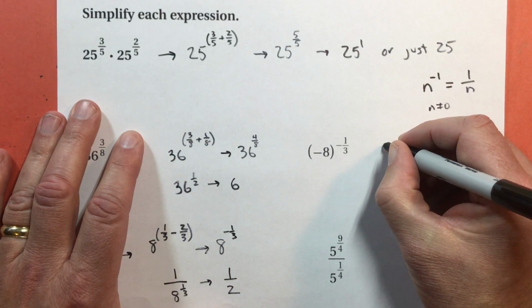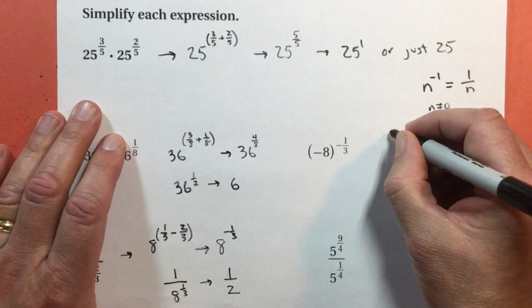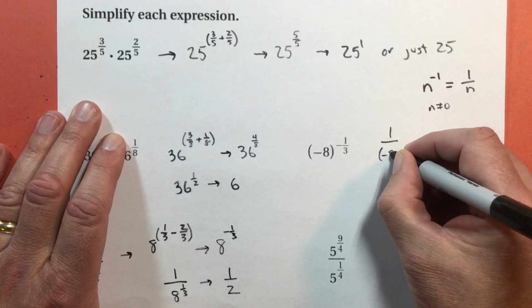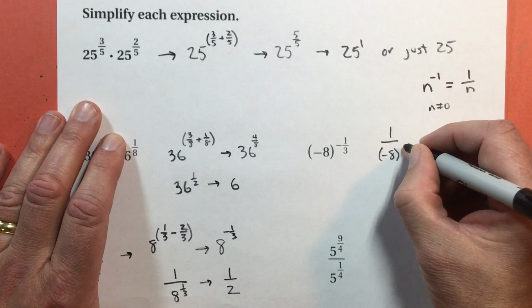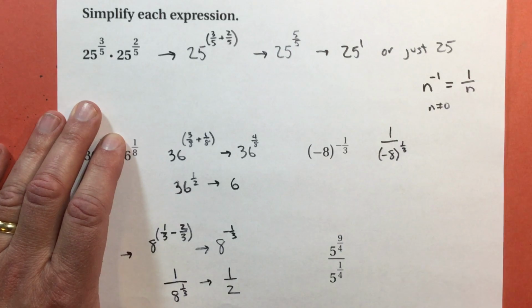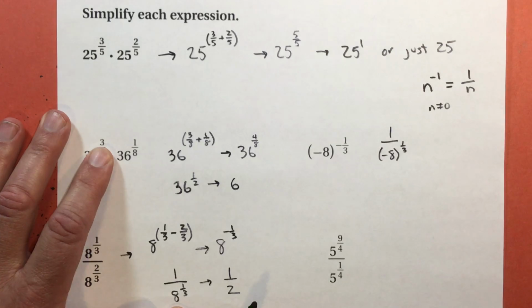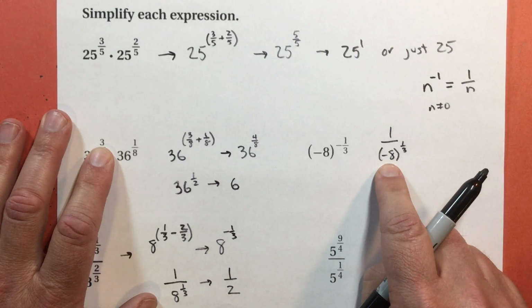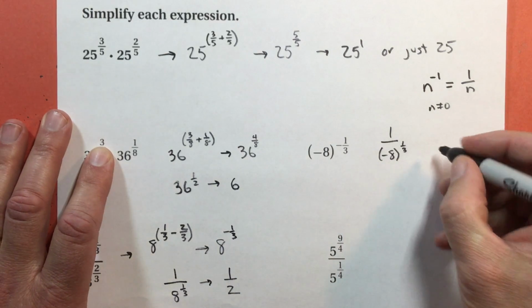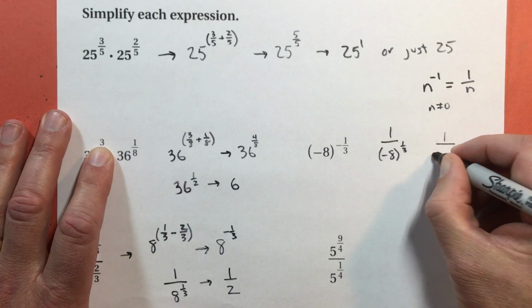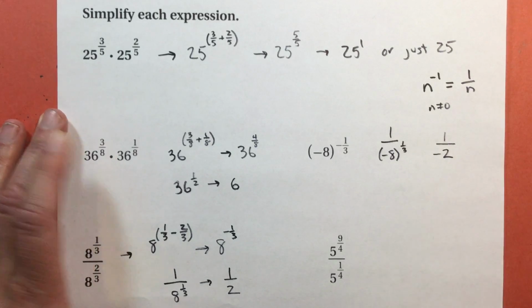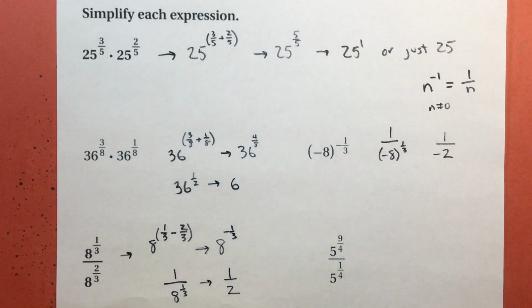I've got 1 over -8 to the 1/3 power. And last time it was what number times itself equals 8. This is what number times itself equals -8. So this is going to be 1 over -2, or you can write -1/2. I don't care where you put the negative sign.